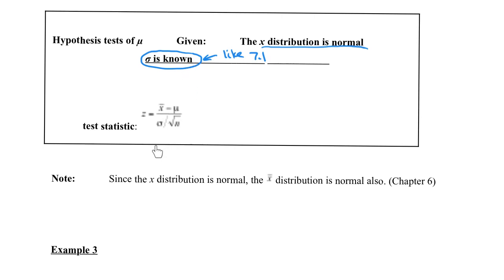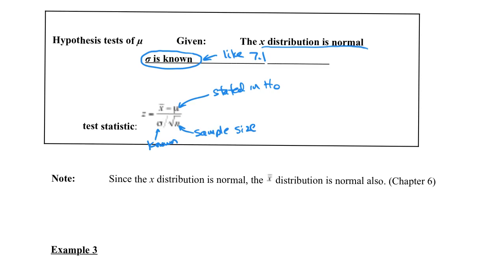So we have a test statistic. And this test statistic is from the chapter 6 handout. The things we need to know this time are that mu will be stated in H naught. Little n, of course, is the sample size. Sigma will be known at this point in 7.1, 7.2, in 8.1.